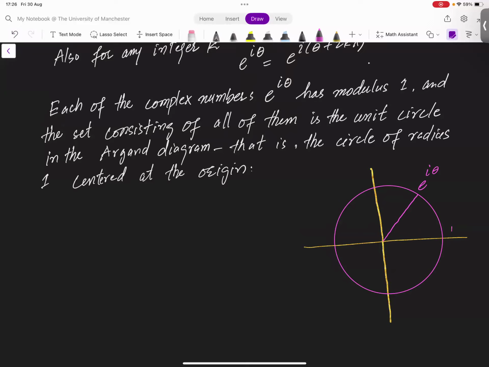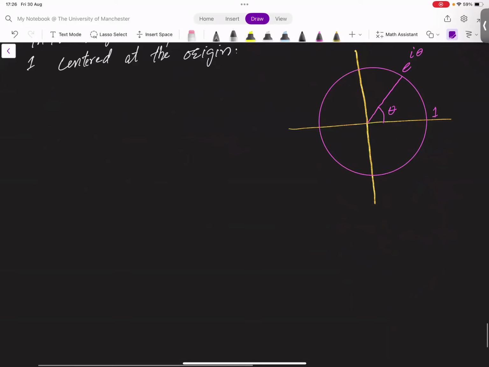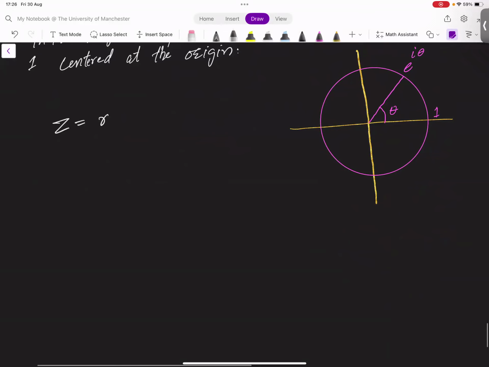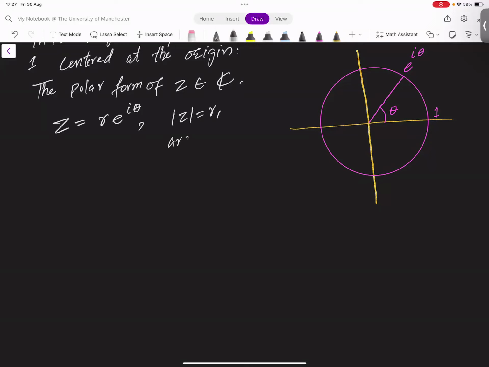This is one point, e^{iθ}. This is θ. The polar form of the complex number z can also be written as z = r e^{iθ}, where mod of z is r and argument of z is θ.